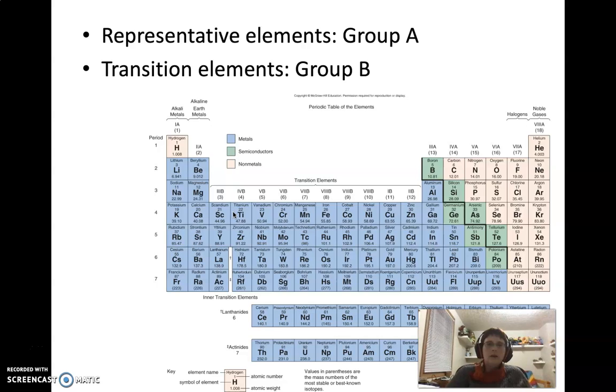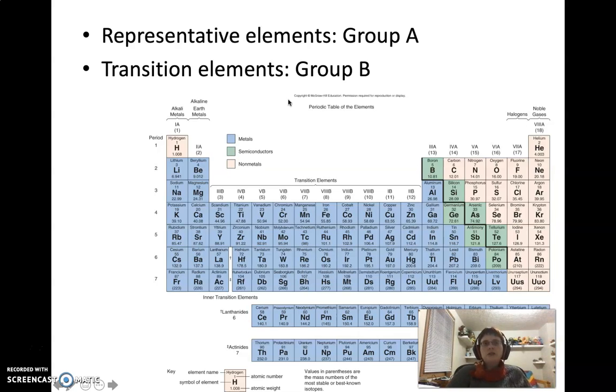So if we take a look here, we've got a periodic table again, so I don't have to flip back and forth. We've got our periods going horizontally. We've got our groups or our families going vertically in those columns. So we've got group 1, group 2, group 3 is over here, and you may be going, wait, why did you skip?